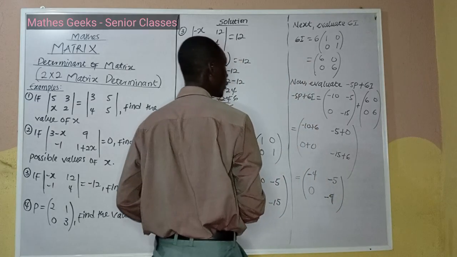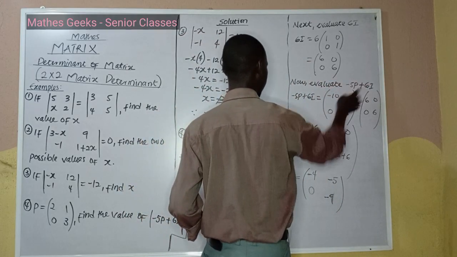So this is the matrix for minus 5P plus 6I.